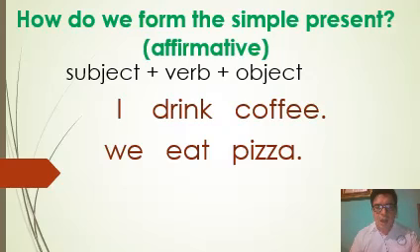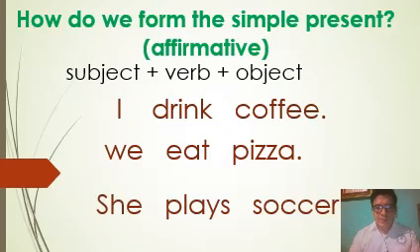In this case, the object is the pizza. One more example: She plays soccer. Once again, we have the subject, she, then the verb, plays, and finally soccer, the object or the activity.